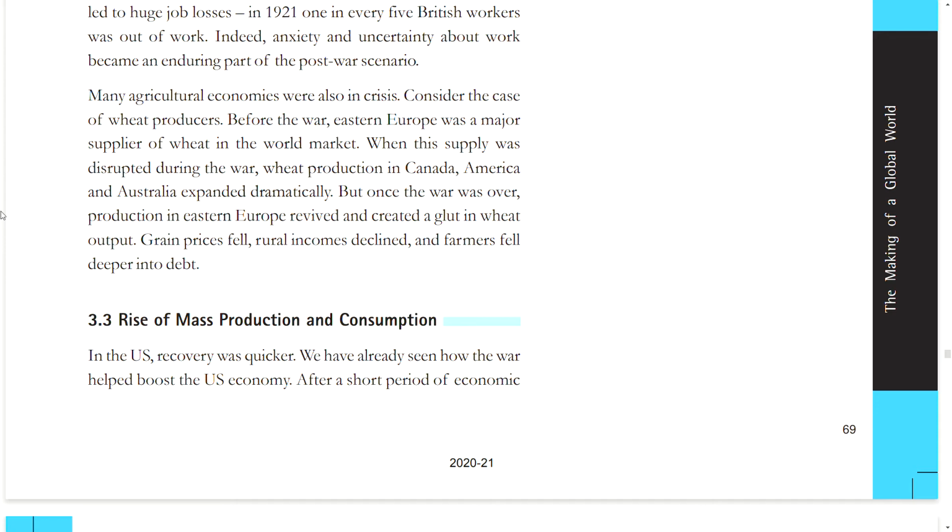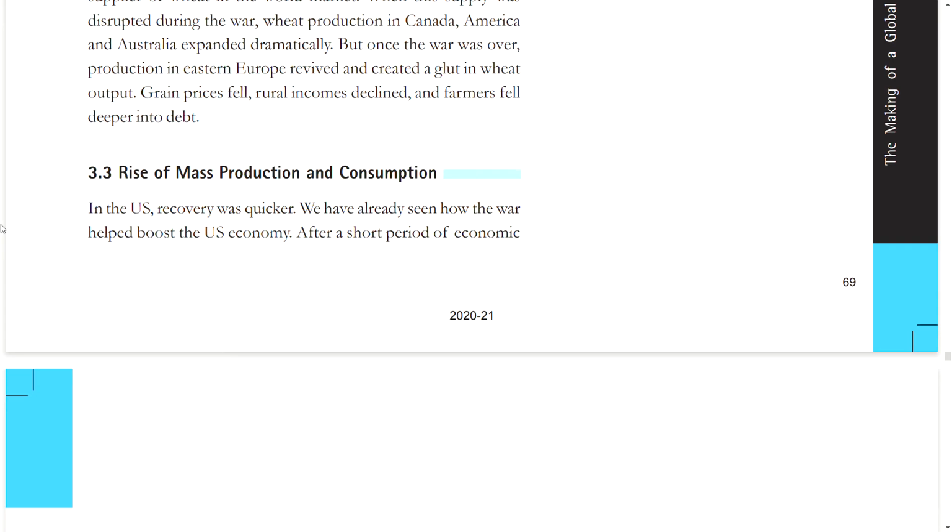But once the war was over, production in Eastern Europe recovered and created a glut in wheat output. Grain prices fell, rural incomes declined, and farmers fell deeper into debt.